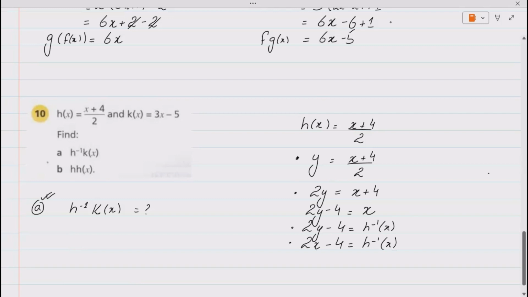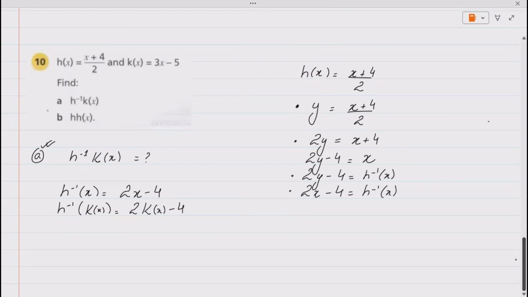Now we have to find h inverse of k of x. So h inverse of x we already found, 2x minus 4. Put k of x in place of x, so 2 k of x minus 4.